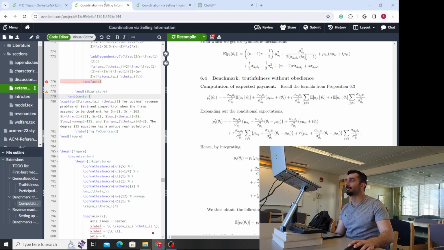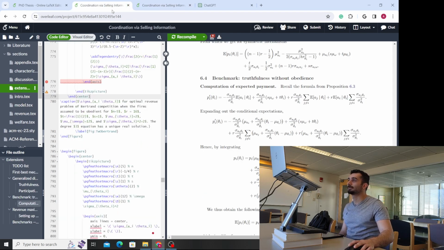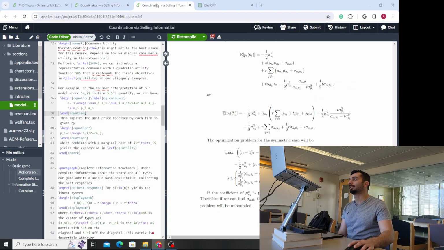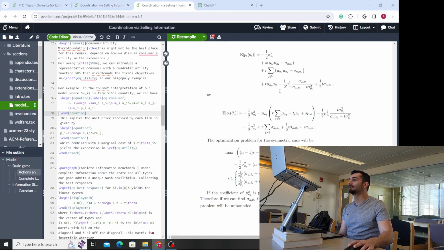Plus minus 1/2 sigma squared. Minus 1/2 sigma, N minus 1 r sigma AIJ. And N minus 1 r sigma AIJ. Where is it? S sigma AI omega.